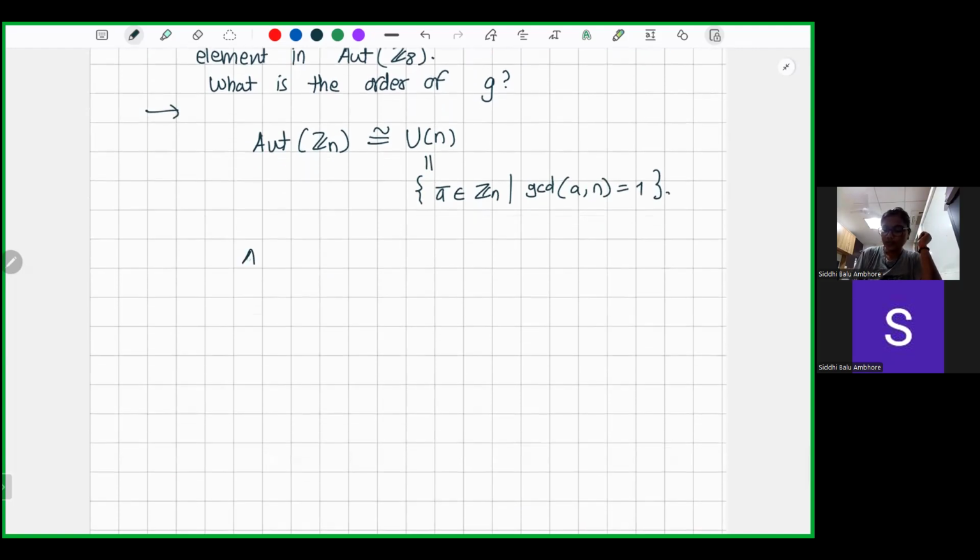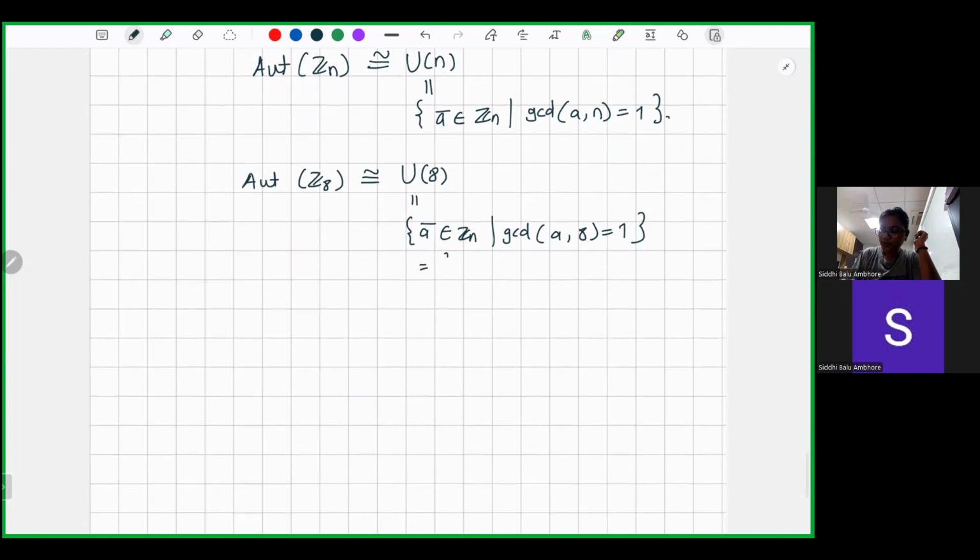Okay, so here what we want to find is the automorphism group of Z8. And so this is isomorphic to, by this result here, U8. And this is the collection of all those a bar such that GCD of a and 8 is 1. So the only possible choices here we have are 1 bar, 3 bar, 5 bar, and 7 bar.